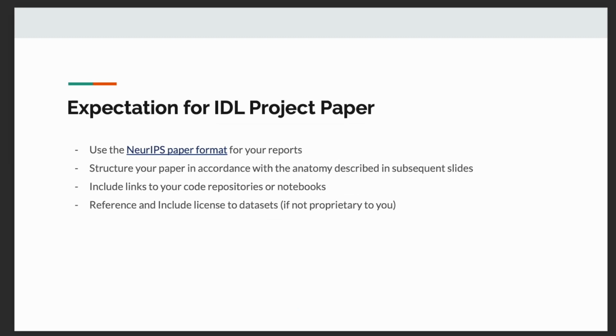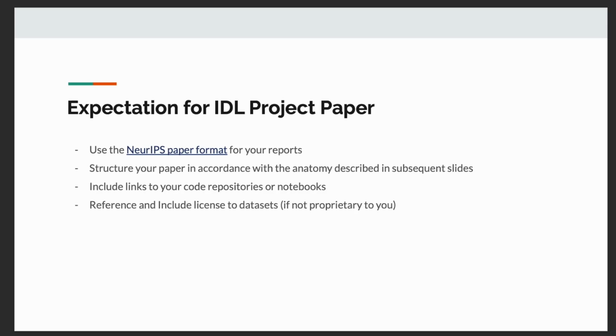So some other expectations from your ideal project report, apart from sticking to the NeurIPS format, are you should structure your report or paper in accordance with the anatomy we describe in this workshop.